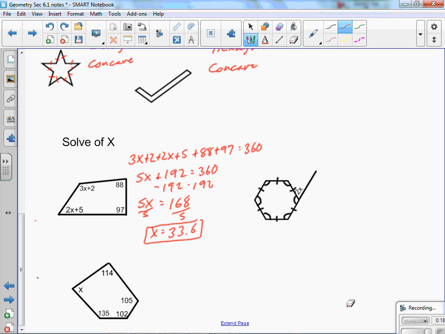So this one angle, that 2x, is going to be equal to 360 degrees divided by the number of sides. How many sides does it have? 6. So it's a hexagon. So 2x equals 360 divided by 6, or 2x is going to equal 60. And then lastly, divide by the 2. So the value of x is going to be 30 there.